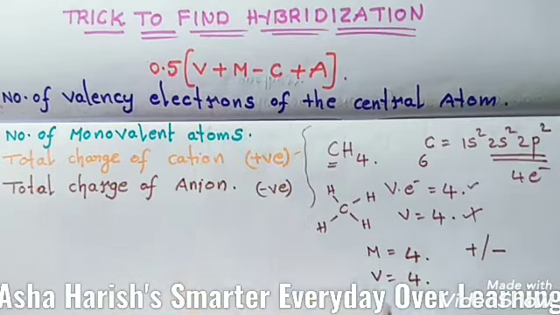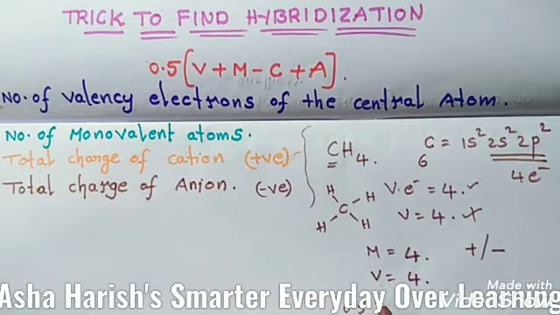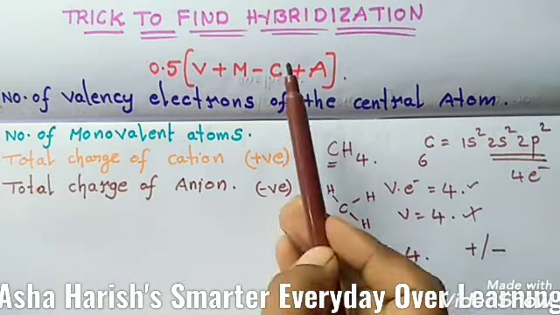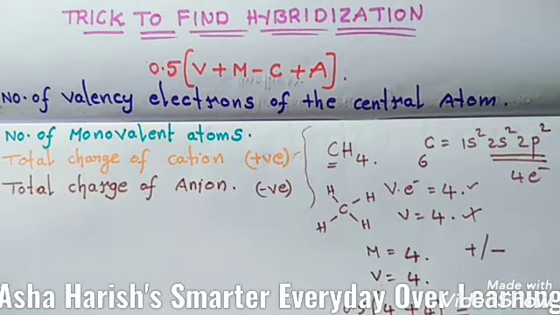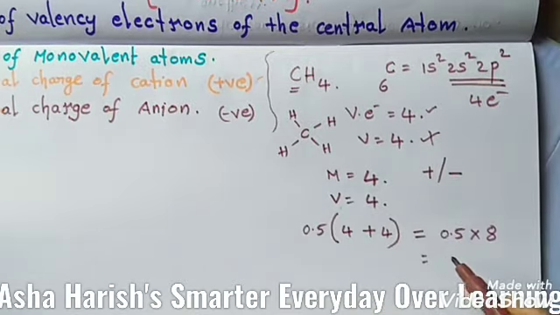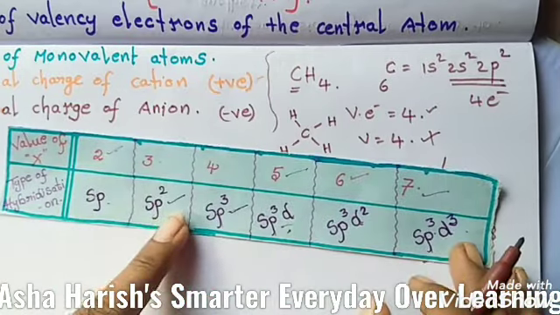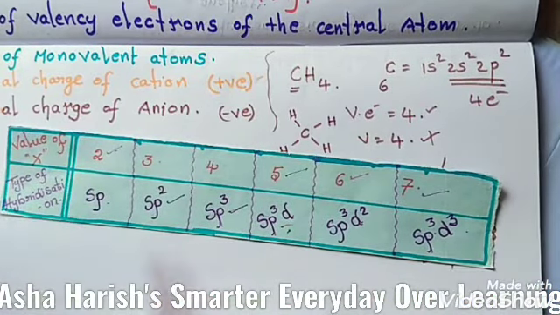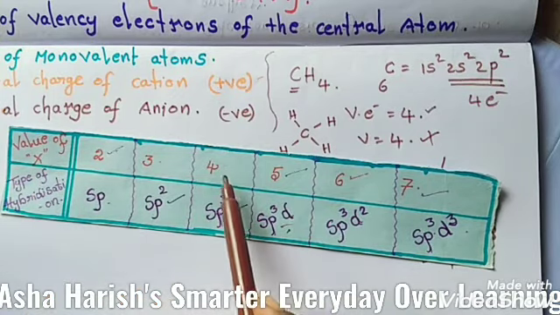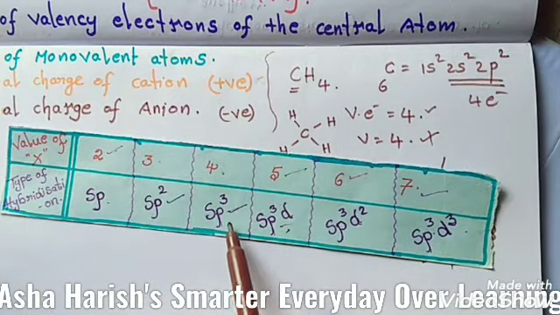If you substitute the V value and M value in this formula: 0.5 into 4 plus 4, and you ignore C and A. So this is 0.5 into 8, and the answer is simply 4. So for CH4 you got the final number 4. If you get 4, the type of hybridization is sp3.